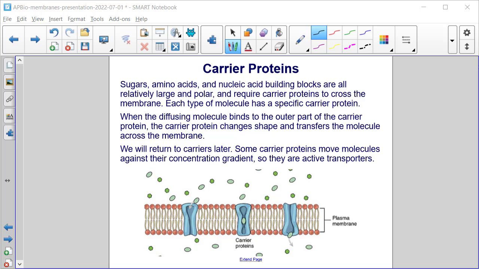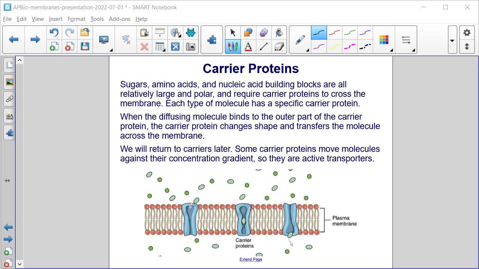Let's look a little closer at carrier proteins. Sugars, amino acids, and nucleic acid building blocks are all relatively large and polar, and they require carrier proteins to cross the membrane. Each type of molecule has a specific carrier protein.